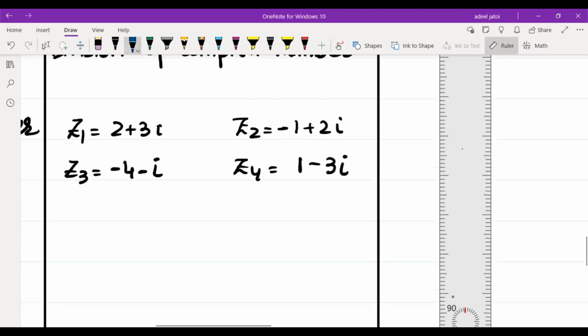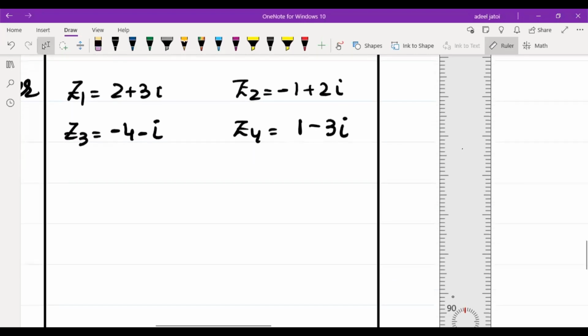Now, if we divide, let's say we have 2 upon iota. Remember this, that iota in the denominator is not shown in the solution. So to remove iota from the denominator, we introduce iota in the numerator and iota in the denominator.